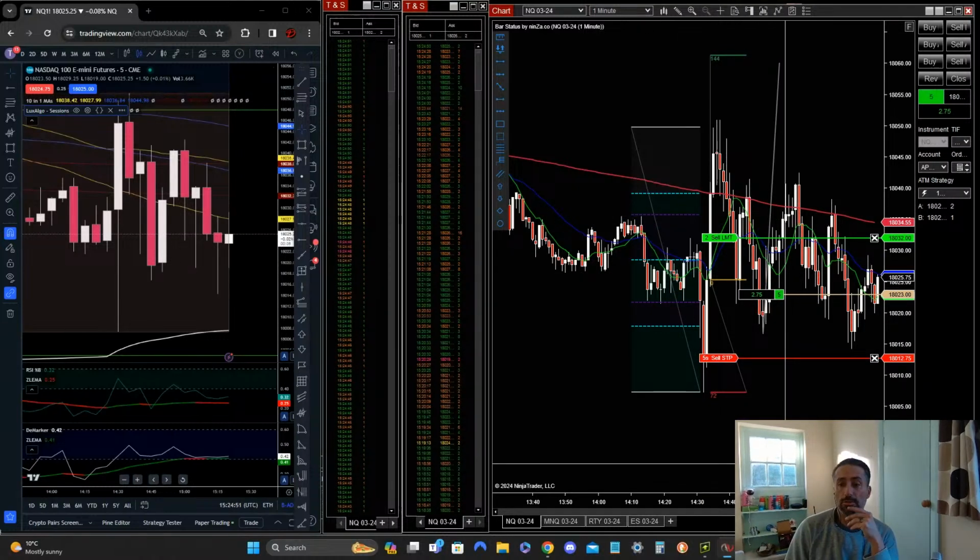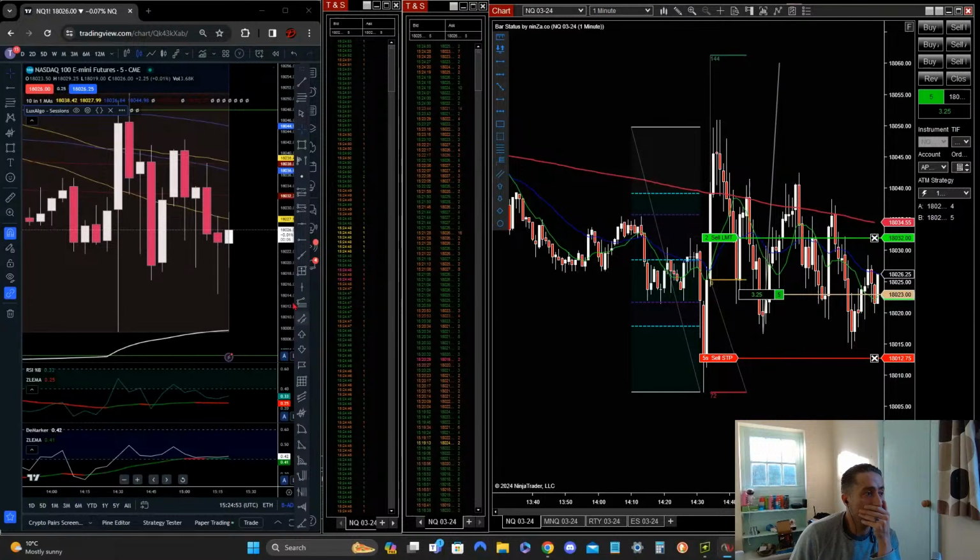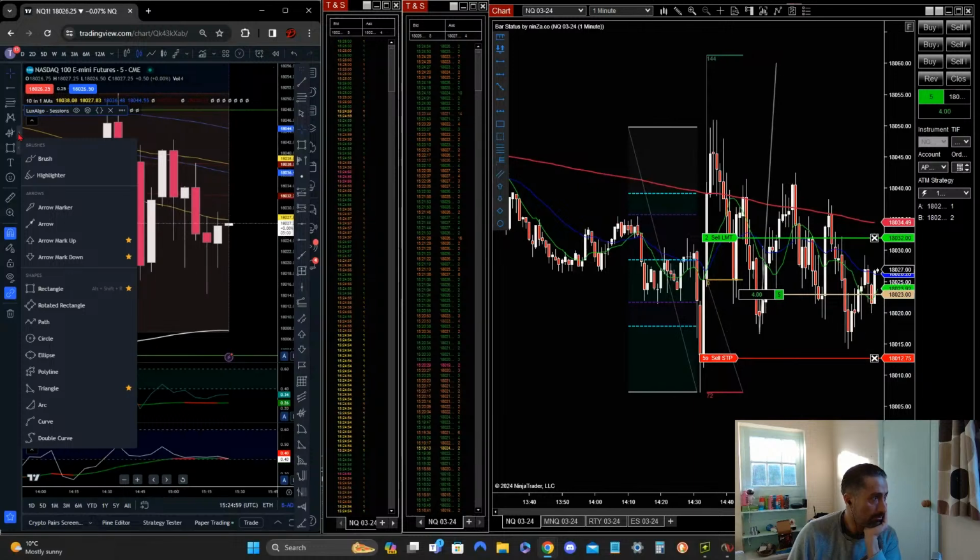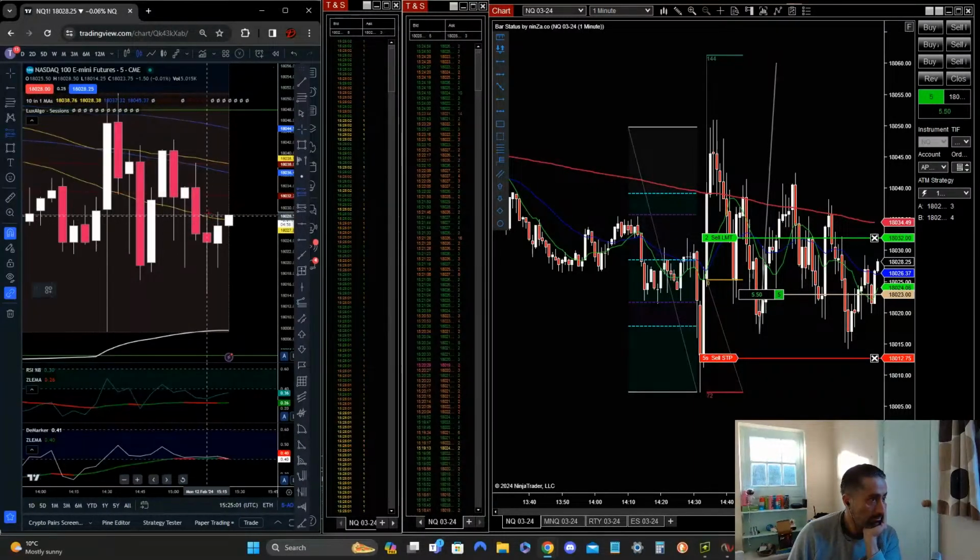The problem is you don't want to close a scalp at the beginning of a move, and I've got this move right here. I haven't measured it out because I can't find it. So I do it from there to there, 2x.